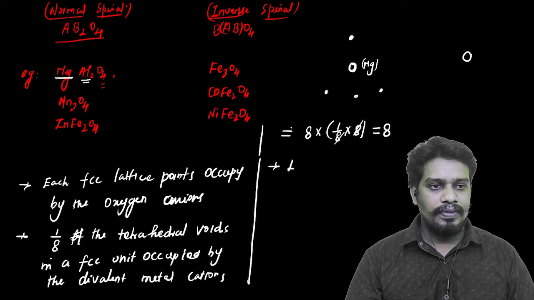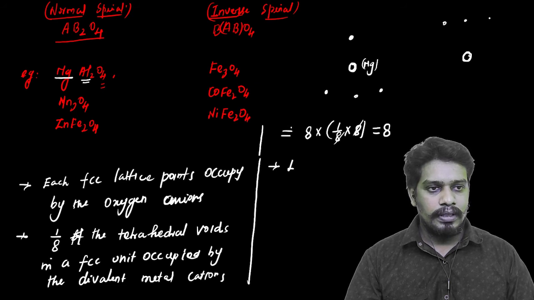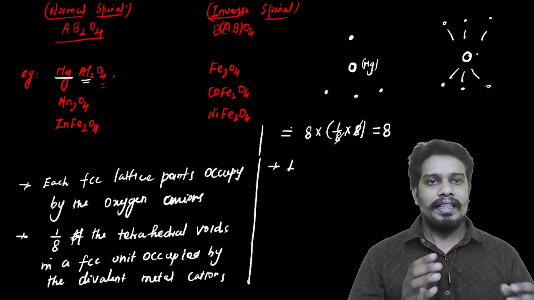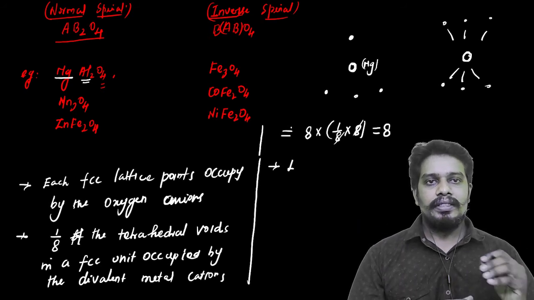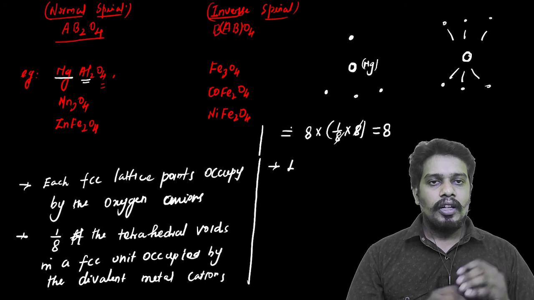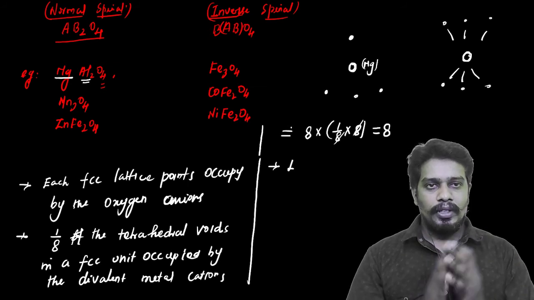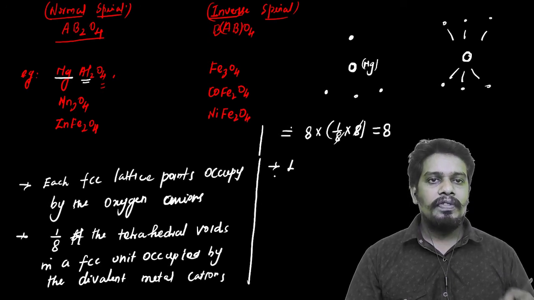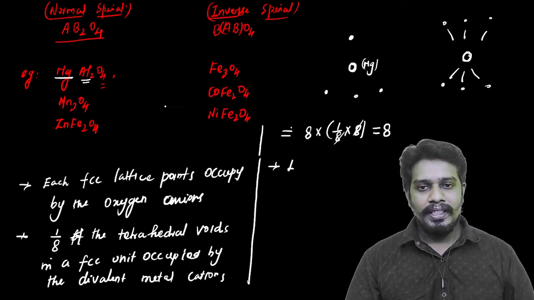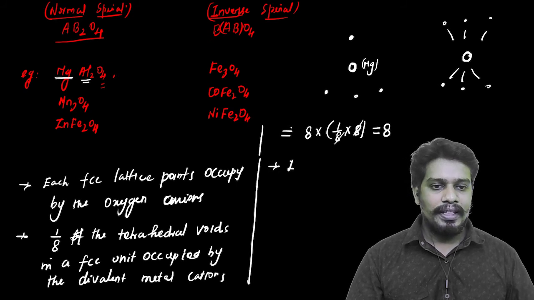Octahedral voids look like this. Suppose this is a void, meaning an empty place, with 3 atoms around it. If this kind of empty place is inside the structure, then it is called an octahedral void. How many of them exist per FCC unit? There will be 4. So what fraction will be occupied by the trivalent metal ion?